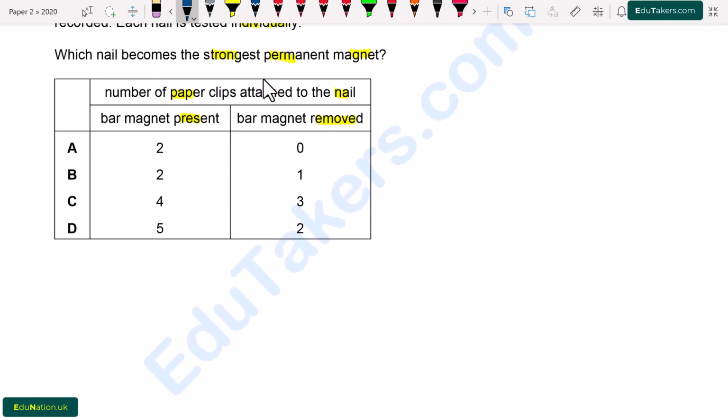First of all, I check that initially when the bar magnet is present, in option A, there are 2 paper clips attached to the nail. And when the bar magnet is removed, 0 paper clips are attached to the nail. It means that here 0% of the magnetism remains.